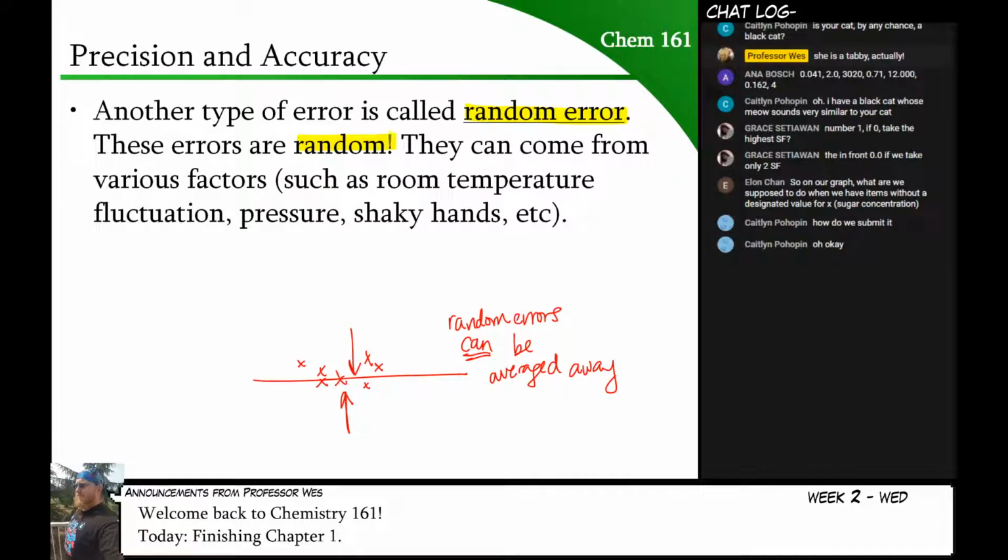So the more trials you do correctly, the closer you get to the true correct answer. So that's the philosophy behind experimental technique. We do experiments multiple times so that we minimize random error in our results.